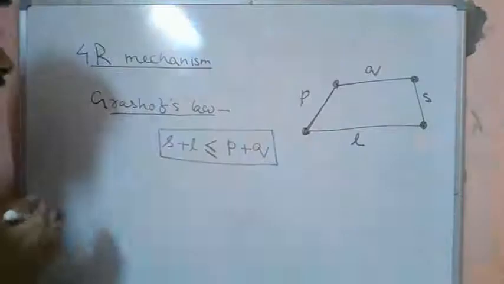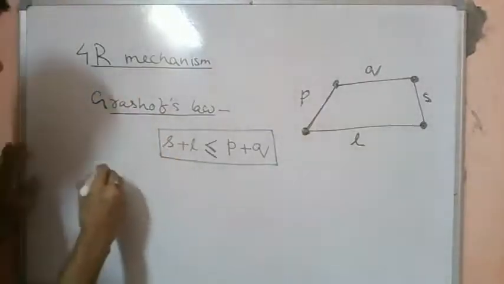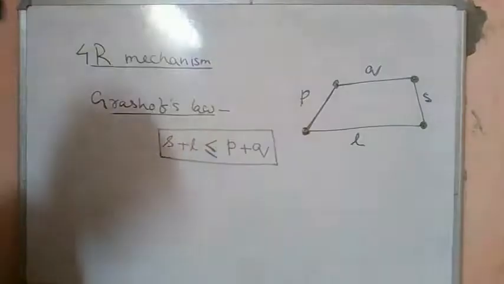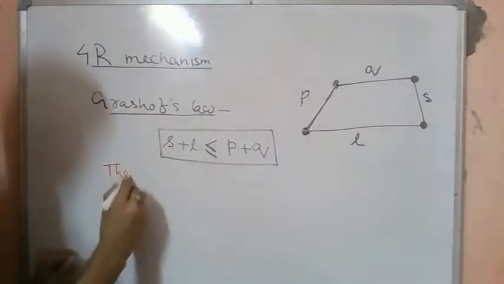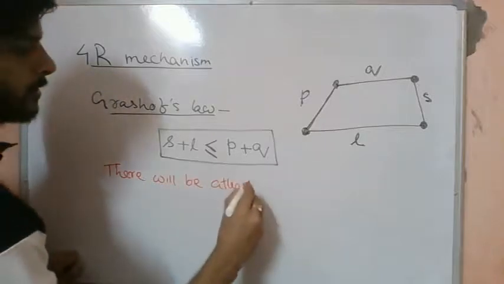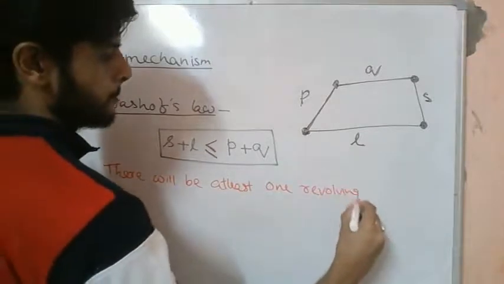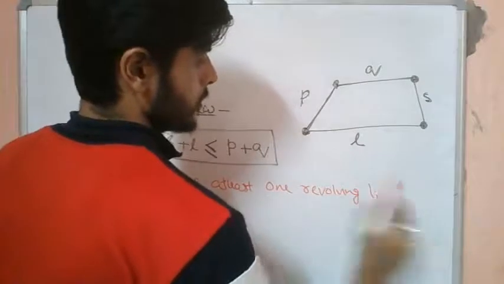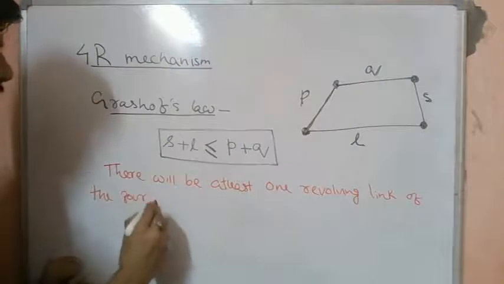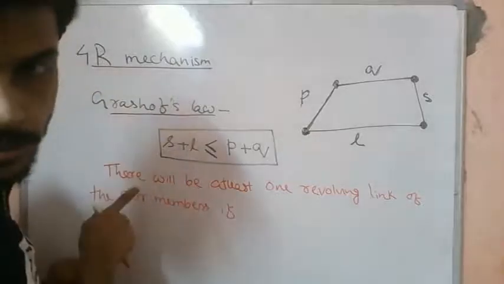Which one will complete a rotation, that we will see right now. So Grashof's law states that there will be at least one revolving link of the 4 members if this inequality is satisfied.